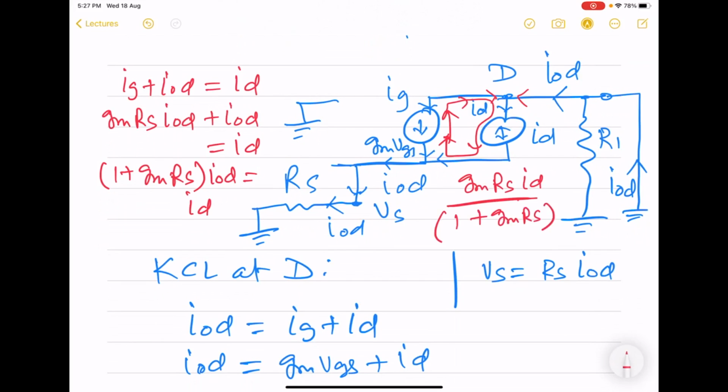It is this much current which actually circulates in the MOS, and this circulation arises because of feedback arising from degeneration. And this degeneration was not there in the resistively terminated resistive feedback LNA. So that is why the entire ID was able to flow out.